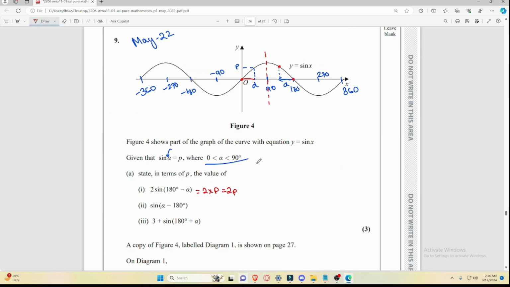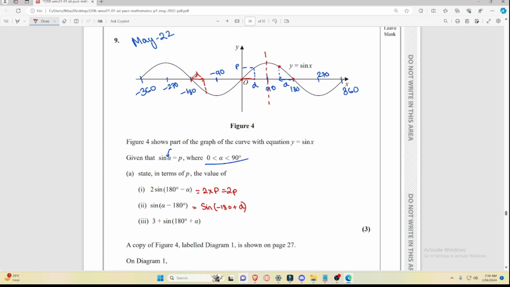For the second question, they are asking for sine alpha minus 180. So what I will do is I will rearrange it at first, because in all trigonometric questions I'll try to use as much of symmetry as possible. So this means sine minus 180 plus alpha. So minus 180 is this point, if I add alpha distance to it, if I observe from the y-axis, they are mirrored images of one another.